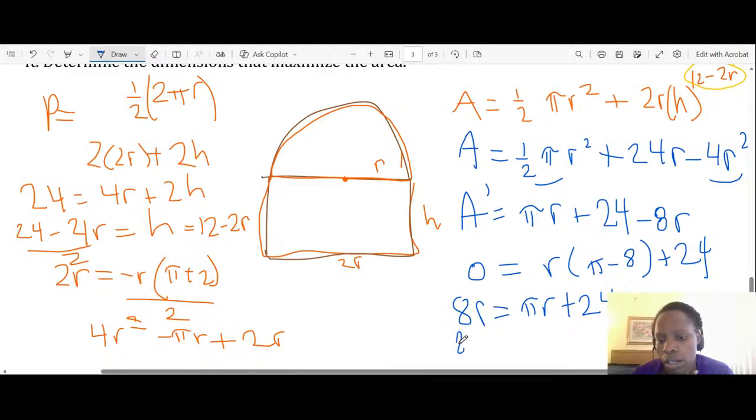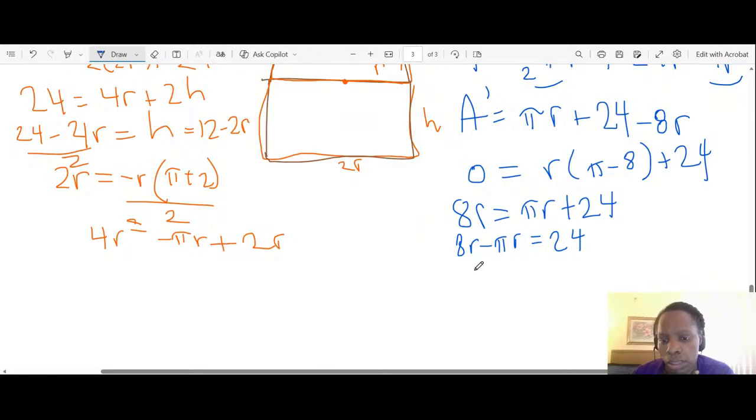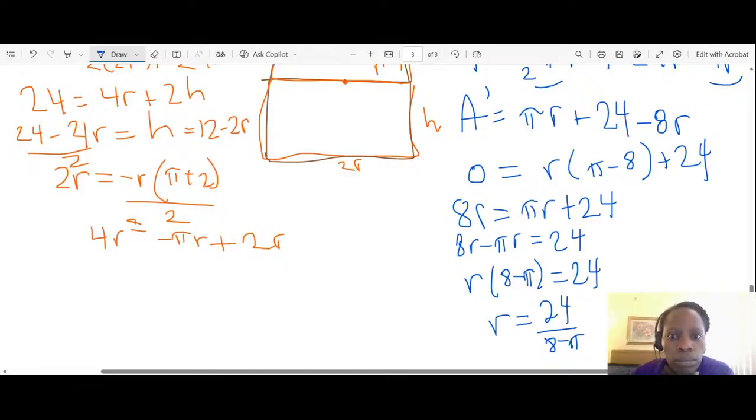Okay, and then I say 8r minus pi r is equal to 24. And that would give us r times 8 minus pi is 24. So r is equal to 24 over 8 minus pi. Okay. Does that look about right?